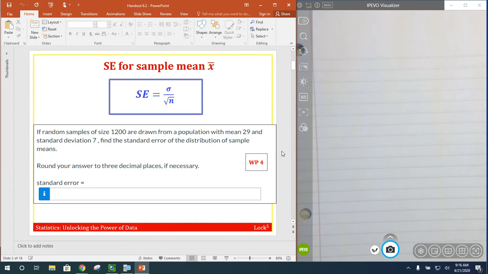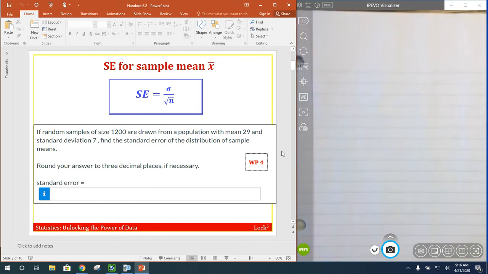are going to take the standard deviation, sigma, and divide it by the square root of the sample size, n. In this particular case, it gives us some data.